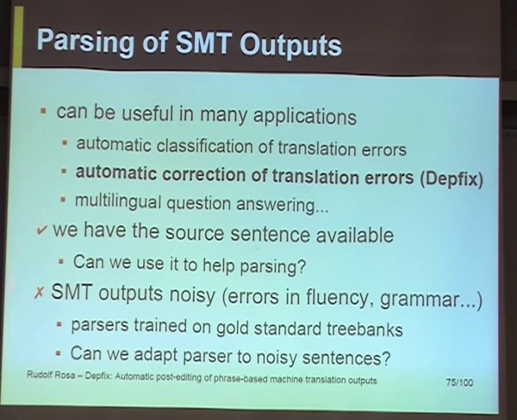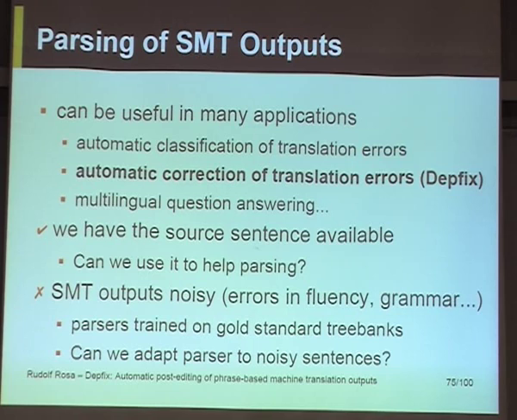And there are several things that are different when you parse machine translation outputs. One is that we have also the source sentence. Well, this is a good thing. We know something more about the sentence. But the basic parser does not use any other sentence, so we just want to include the information from the source sentence and give it to the parser so that it can parse the Czech sentence better, it can understand the Czech sentence better.